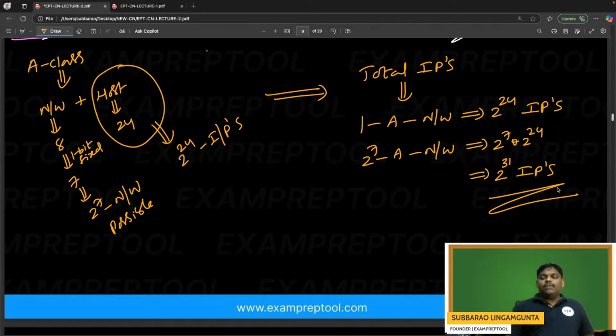One class A network has 2 power 24 IPs, and 2 power 7 class A networks give 2 power 31 IPs. Are you okay with class A?